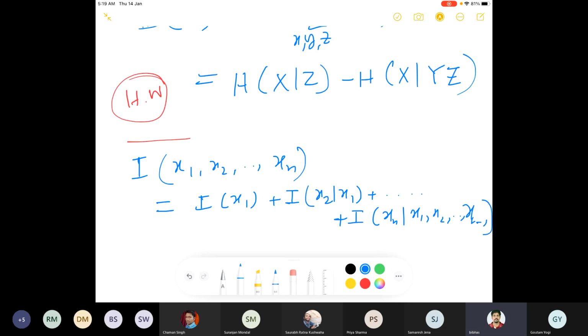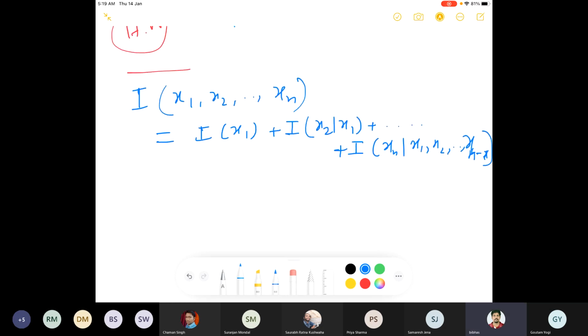Does anybody have an idea how to prove it? The proof is very, very simple. Just looking at the expression on the right hand side, you can tell me. Does anybody have any idea how to prove this?